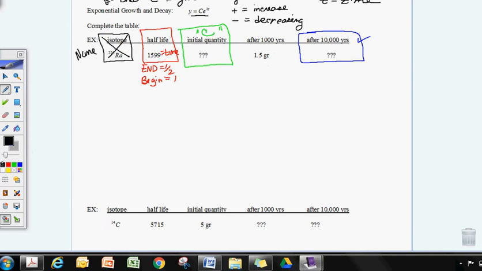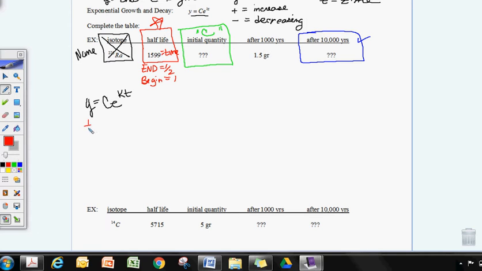Okay, so I'm going to start with my equation y equals Ce to the kt power. And now I'm going to put in my half-life information. That's what I'm dealing with first.